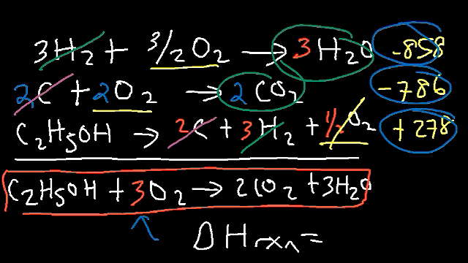So we just got to add negative 858 plus negative 786 plus 278, and we get the same answer that we had in the last example, which is negative 1366. So you have two ways of calculating the enthalpy change of a reaction, using products minus reactants or even using Hess's law.